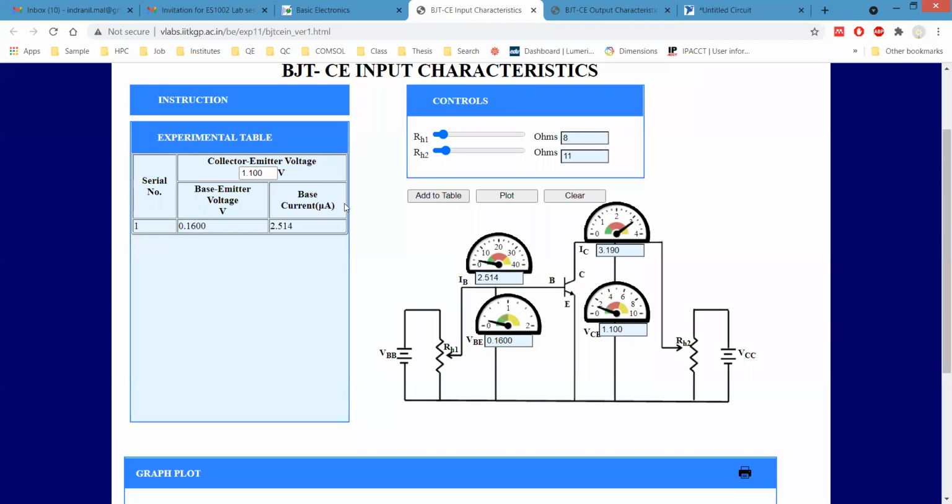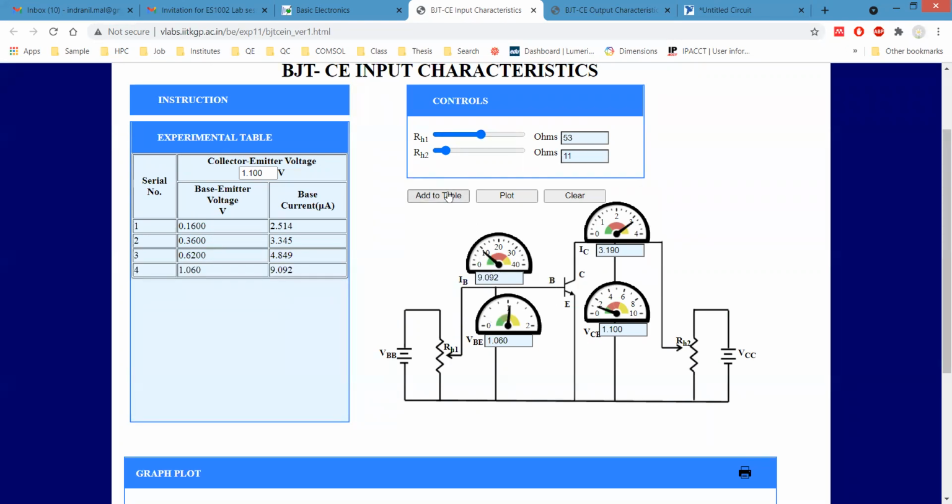In this case, the base emitter voltage is 0.16 and the base current is 2.51 microamperes. Let's increase the voltage. Then the base emitter voltage is 0.36, and the current is 3.345 microamps. Then again microamps current is there for 0.62 volt.